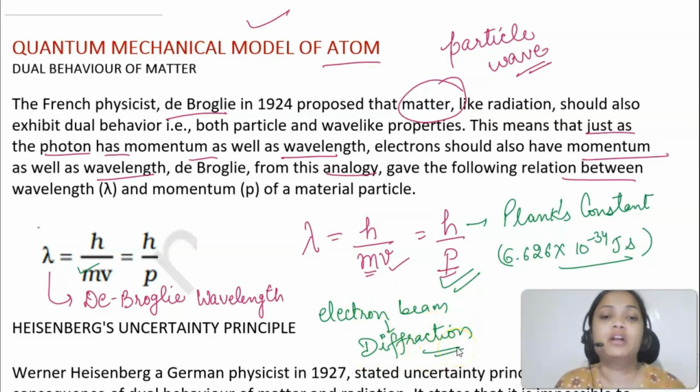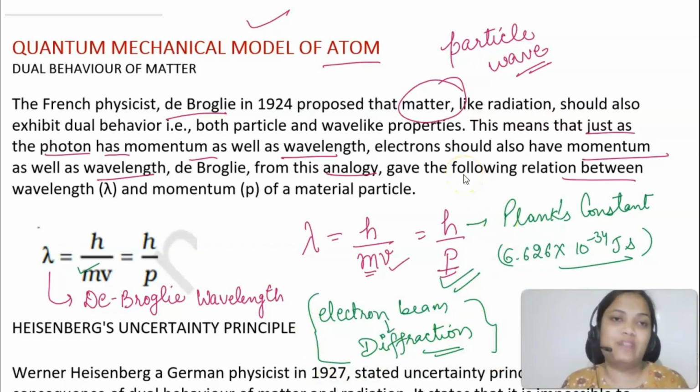So when electron beams undergo diffraction, it confirmed what de Broglie said, that matter or electrons have wave-like as well as particle-like properties. This electron beam diffraction is also used in the electron microscope, which uses the wave nature of electrons.